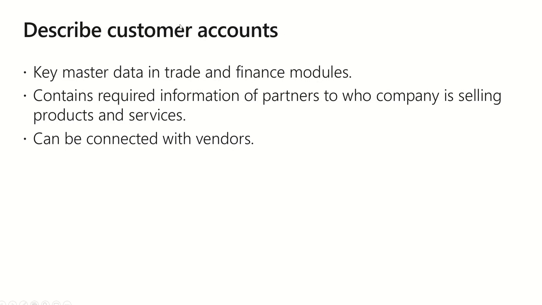Now, describe customer account. The key master data in the trade and finance module is the customer account. So a customer account can be connected with a vendor. Not very common, but you can. Because customer usually is, as I mentioned, accounts receivable, vendor is accounts payable.